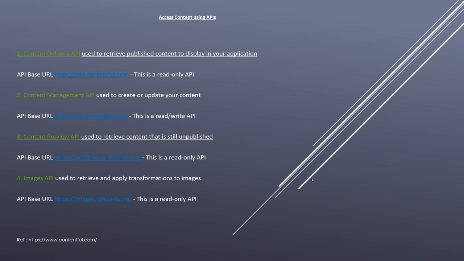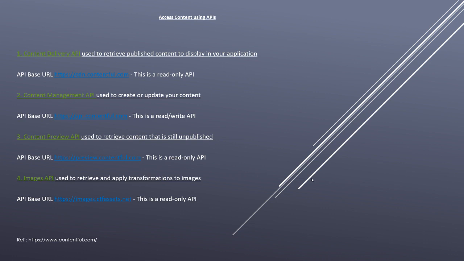The third one is the Content Preview API. The basic use of the Preview API is for the business to see how the content might be displayed on the site after publishing. So this acts as an intermediary between the management API and the delivery API, where content to be delivered can be previewed by the business using this Content Preview API.